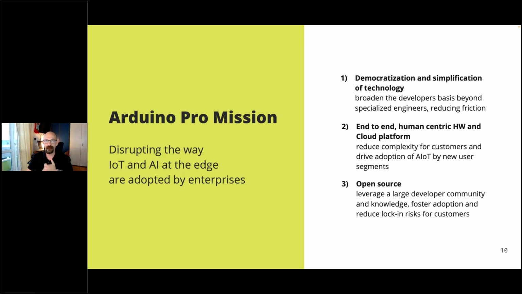First, democratize and simplify access to technology. Broaden the developers beyond the specialized engineer, reduce friction for adoption, and make it easy for people that don't know Arduino Pro, our products, our boards, our tools. It's the right way, and the most efficient way, to enter this world.